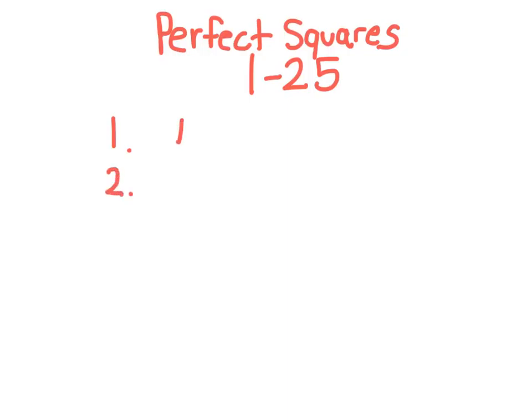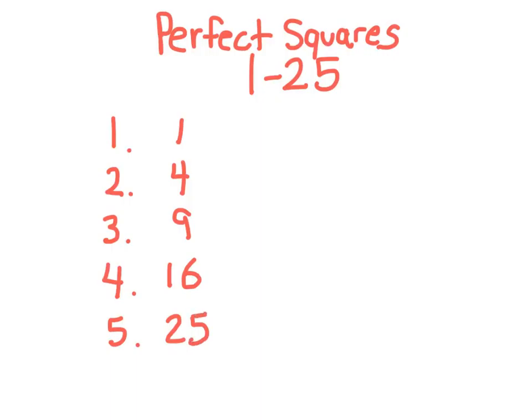Okay, the second number in your list is the number 2 squared, which is 4. The third is the number 3, which 3 squared is 9. The fourth is the number 4. 4 squared is 16, 4 times 4. And then the number 5 would be 5 squared, 5 times 5, that's 25. So continue this list all the way to 25.